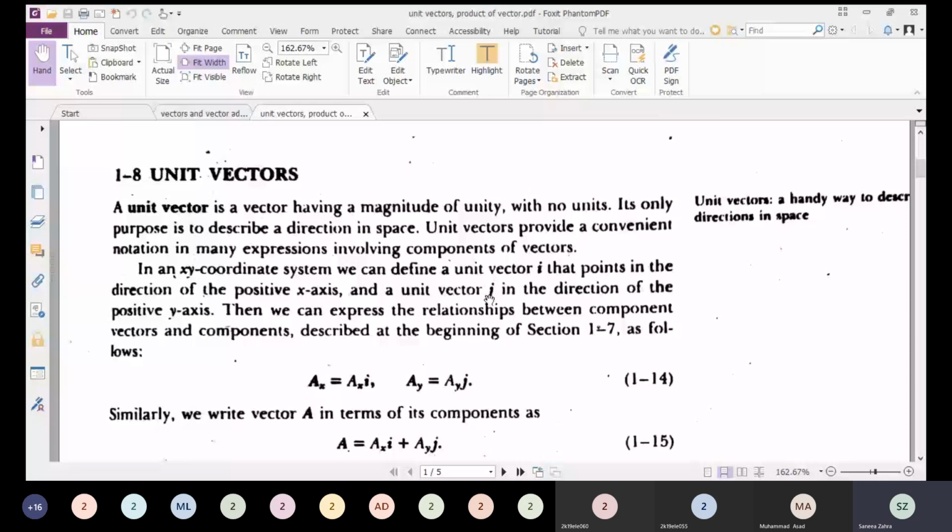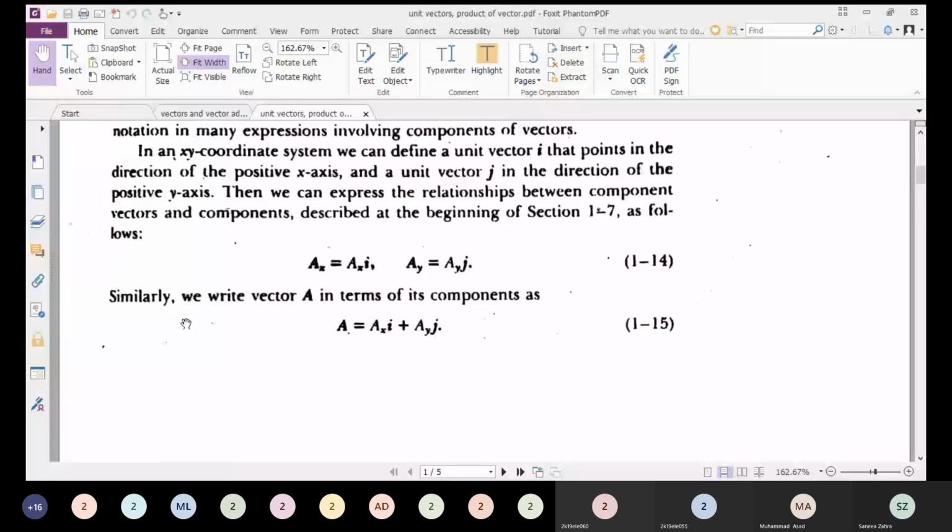And a unit vector k means we are talking about the z-axis. This is the x component of a vector. I can write it as ax multiplied with the unit vector i. Similarly, ay can be written as ay multiplied with the unit vector j.